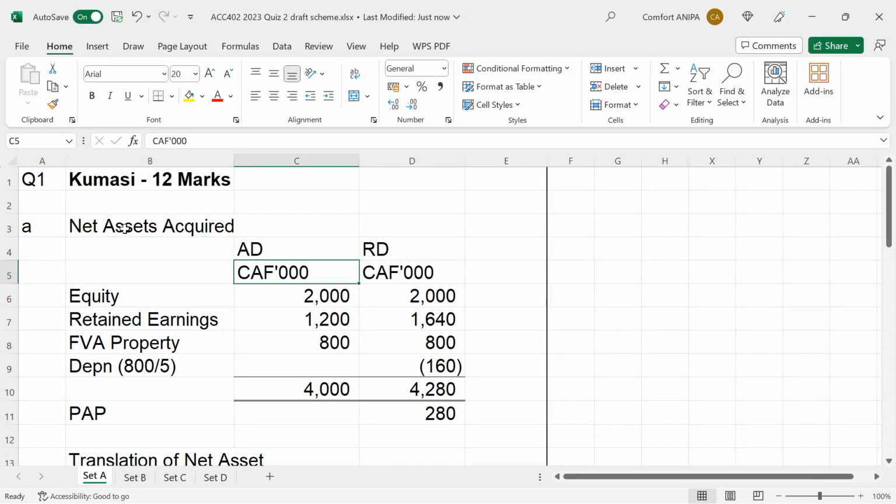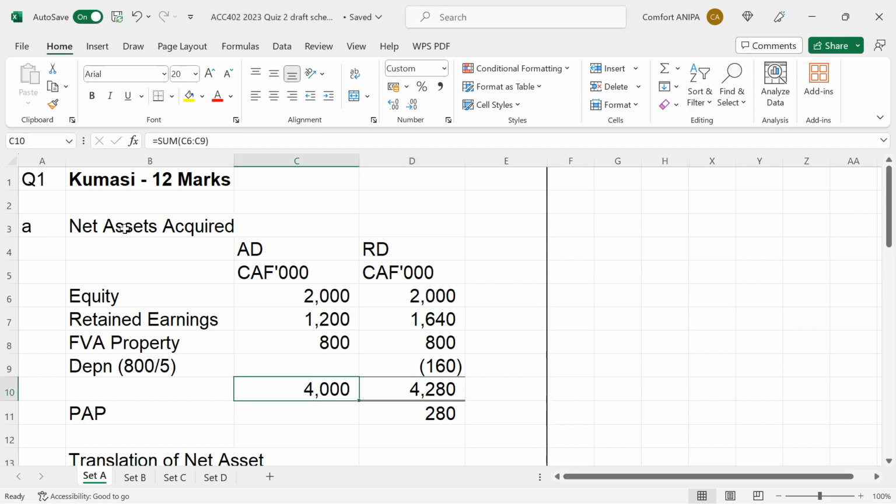So here you can see that your net asset is set out in the functional currency of the subsidiary, Central African franc. And so your equity is 2 million at acquisition and at reporting. Your retained earning is 1.2 at acquisition. You have a fair value on the property of 800 at acquisition and at reporting, with a fair value depreciation adjustment at reporting of 160 because it's 800 divided by 5.